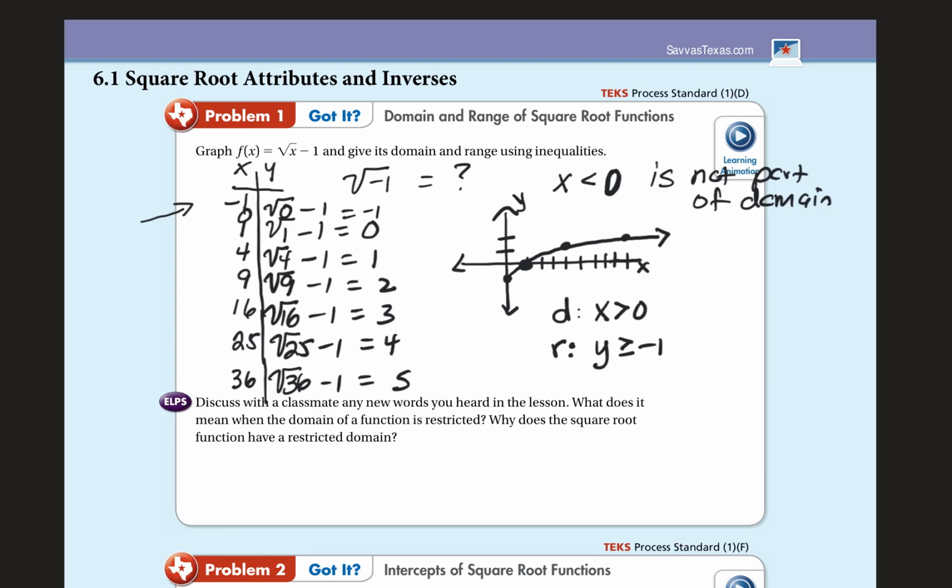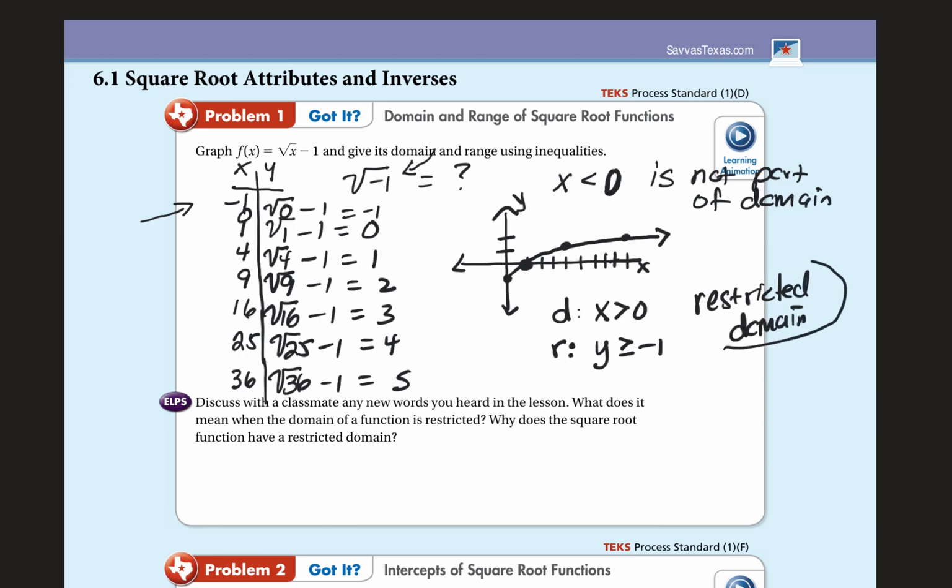Therefore, for values that are negative in the radical, you're not able to find the y value. So we say that this is called a restricted domain.